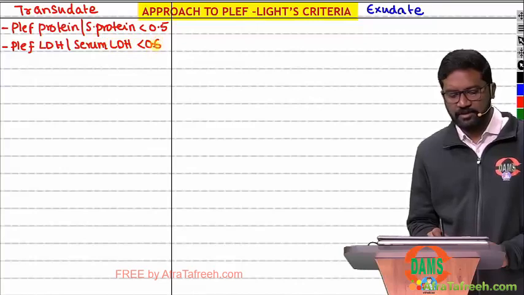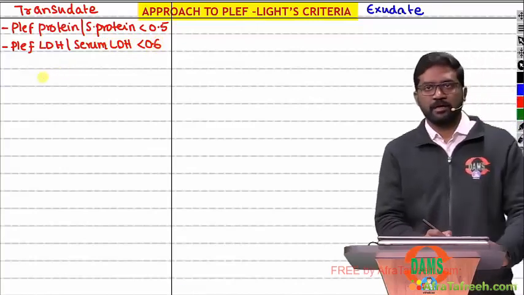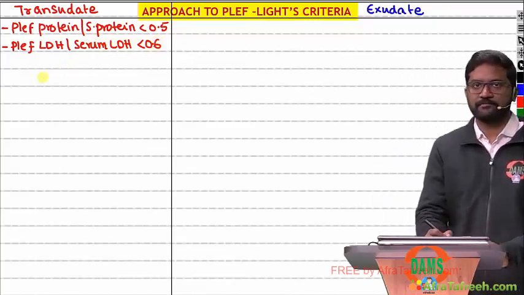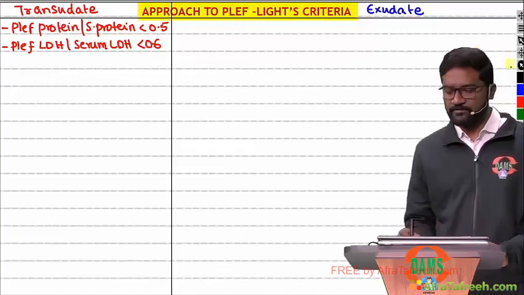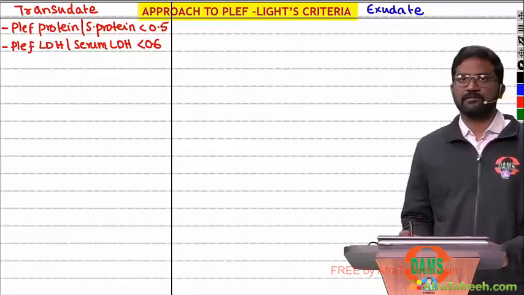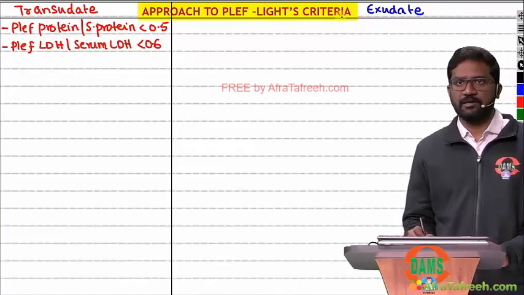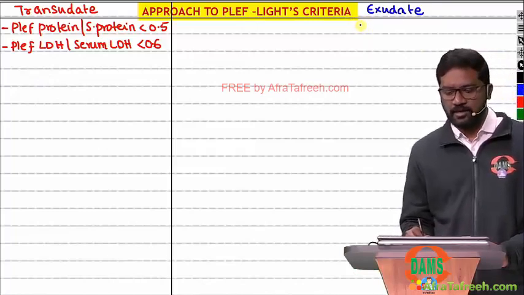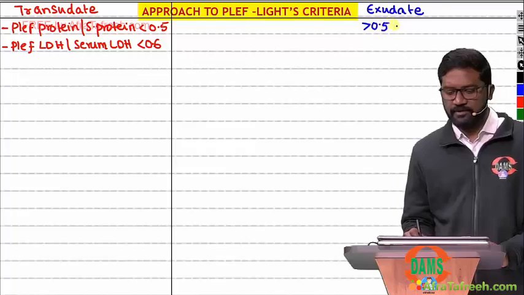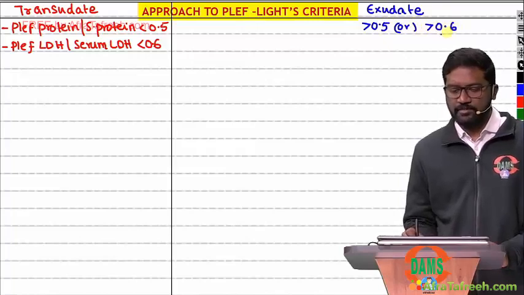If the protein ratio is less and the LDH ratio is less, this is transudative pleural effusion. Now to call it exudative pleural effusion, any one of the following: either protein ratio is more than 0.5 or LDH ratio is more than 0.6.